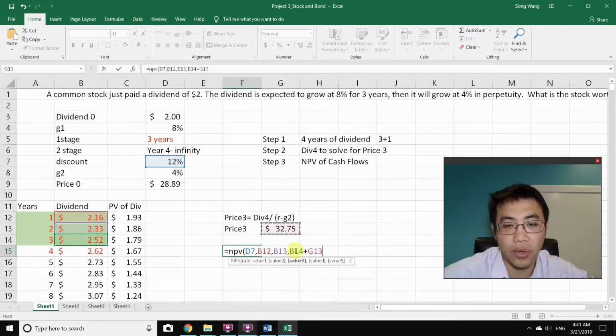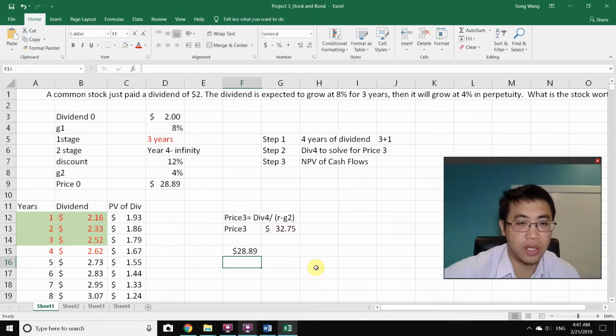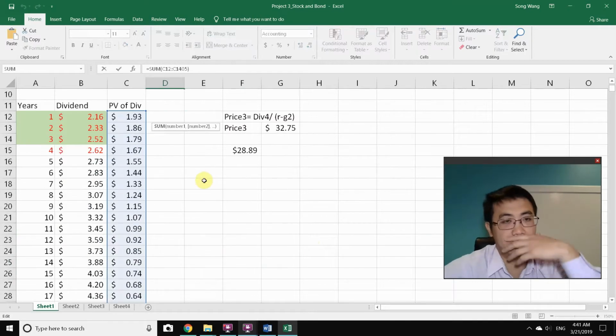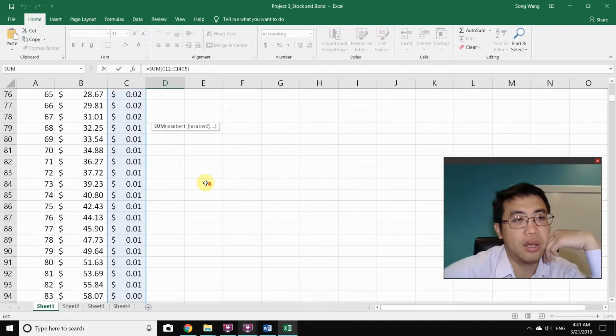So that's your cash flow 3, including both the stock price 3 years later and dividend 3. If you get the NPV of that cash flows, this will be your number, 28.89.